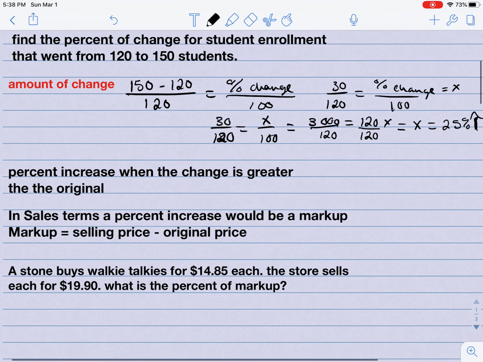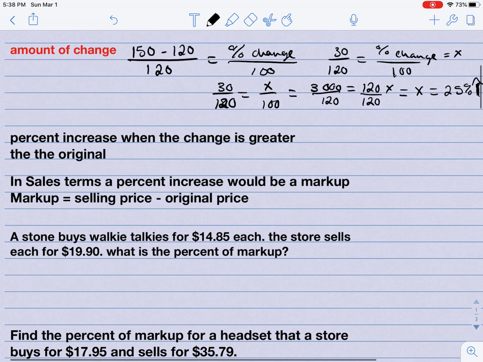So how this looks: you've got a store, they get walkie-talkies for $14.85 each, and then they turn around and sell them for $19.90. So we're going to take our $19.90 minus our $14.85, and we're going to put that over our original price, which is $14.85.